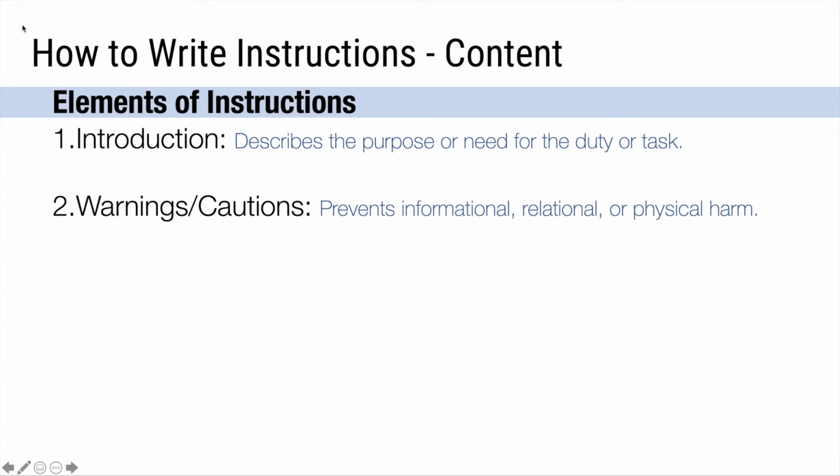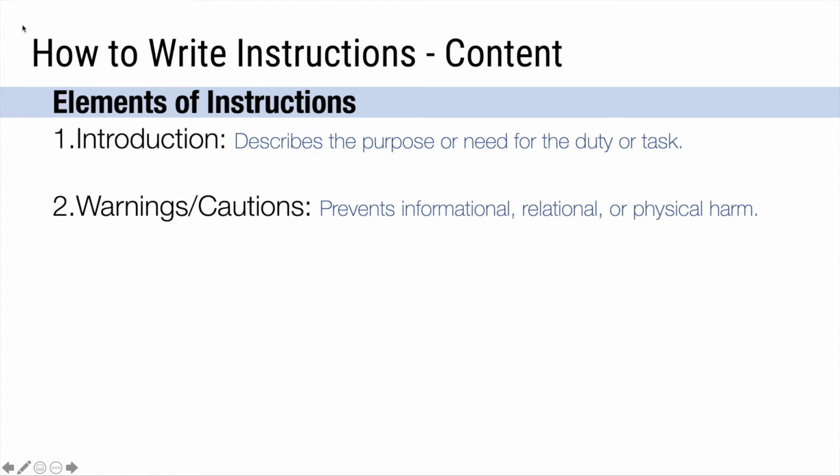Next, there needs to be some warnings or cautions, and these prevent informational, relational, or physical harm. So physical harm is the obvious one. You don't want to use corrosive materials or sharp equipment without caution. But also, there might be informational needs that you should caution against.